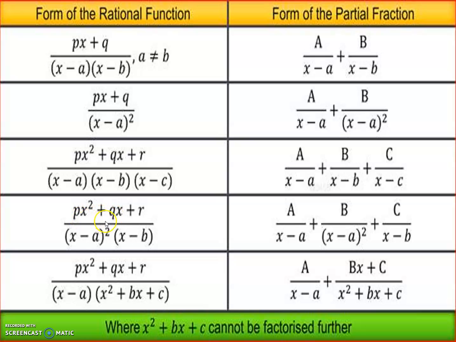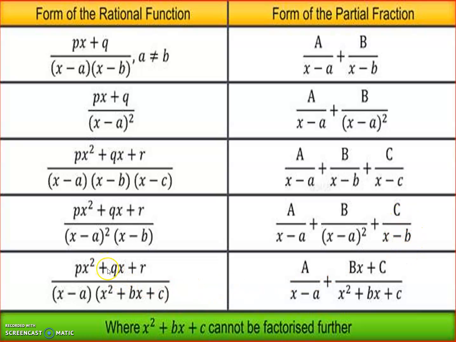Now, px square plus qx plus r upon x minus a whole bracket square, x minus b. Here x minus a whole bracket square is a repeated factor, and x minus b is a non-repeated factor. That's why capital A upon x minus a plus capital B upon x minus a whole bracket square plus capital C upon x minus b.